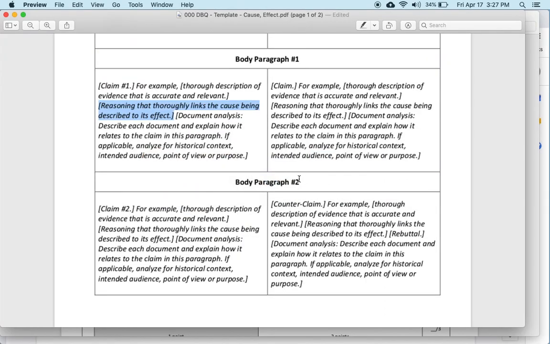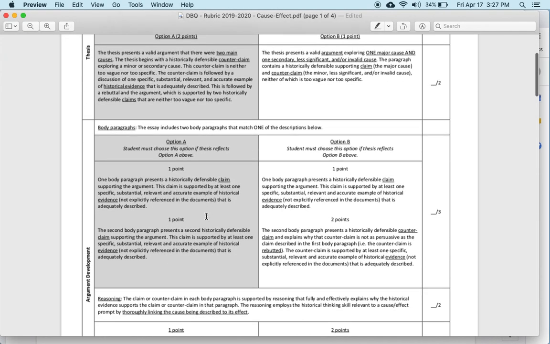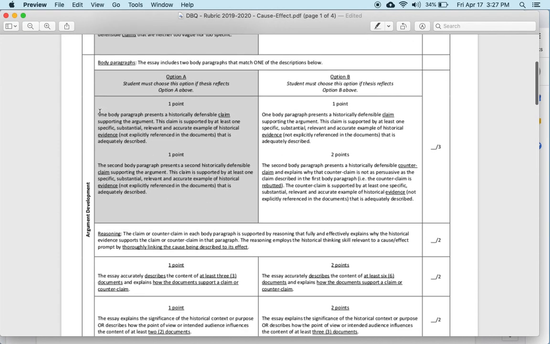So I have achieved the task of one, writing a body paragraph that presents a historically defensible claim supporting the argument. Two, that claim is supported by at least one specific, substantial, relevant, and accurate example of historical evidence that is not explicitly referenced in the documents and that I describe adequately.